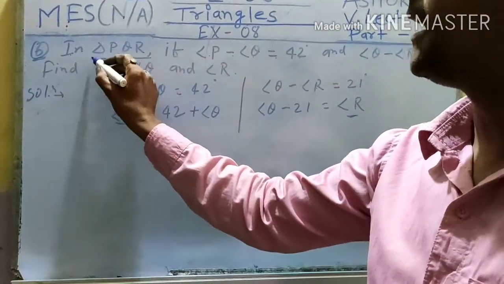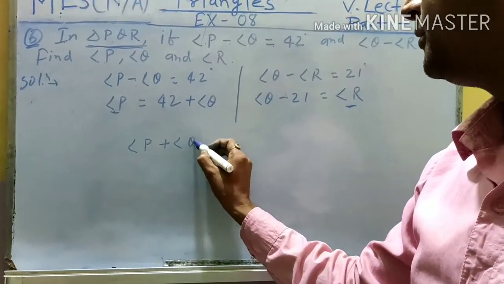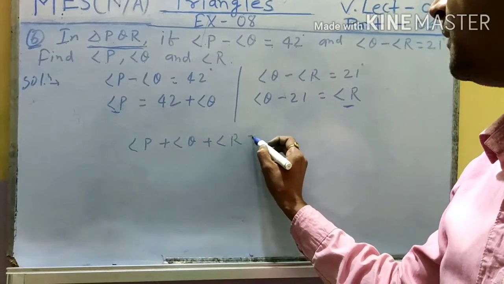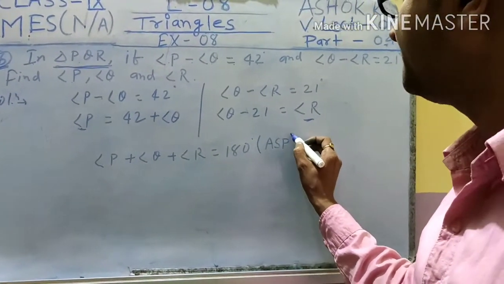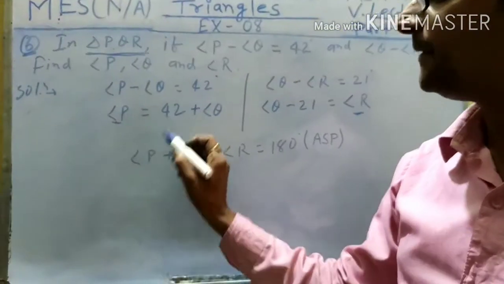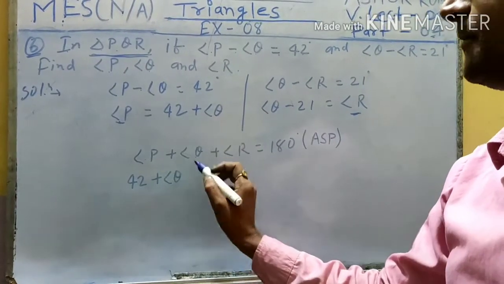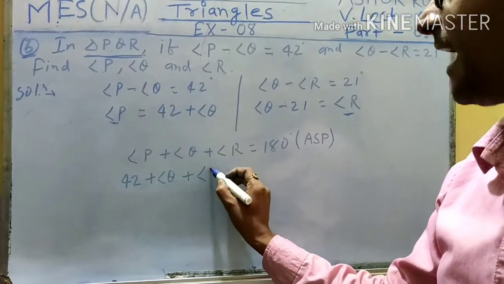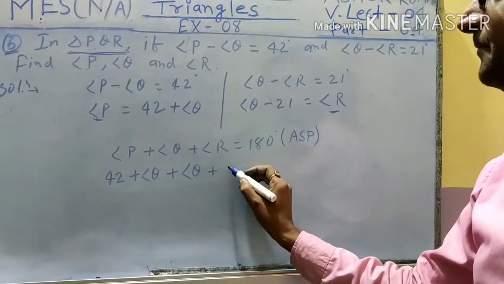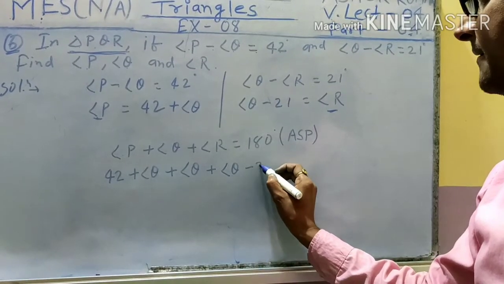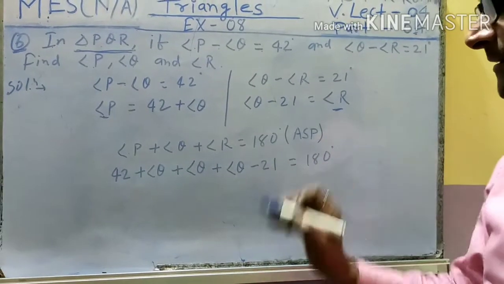In triangle PQR, we know the relation angle P plus angle Q plus angle R is equal to 180 degrees. Again, student, ASP, angle sum property. Angle P is equal to 42 plus angle Q, first value, plus angle Q as it is, plus angle R, which is angle Q minus 21, is equal to 180 degrees.